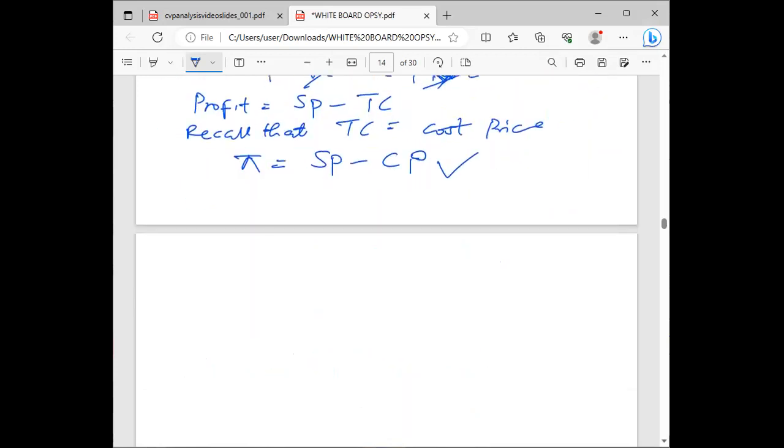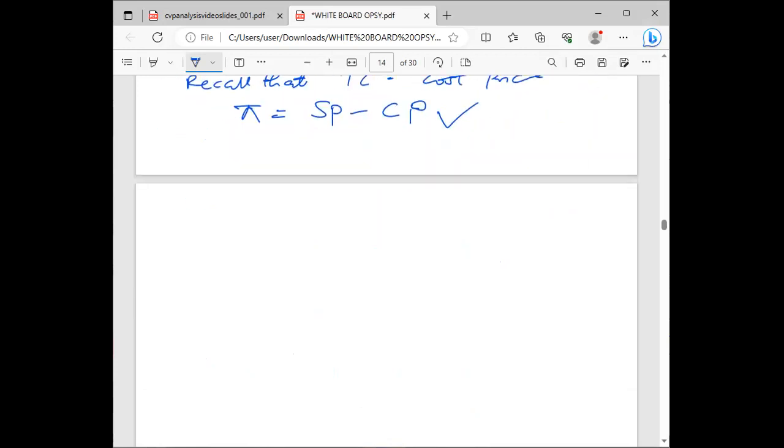Under CVP analysis, it should also be noted that in defining total cost as total fixed cost plus total variable cost, using a linear regression we can also define it, in case you see it in the exam.